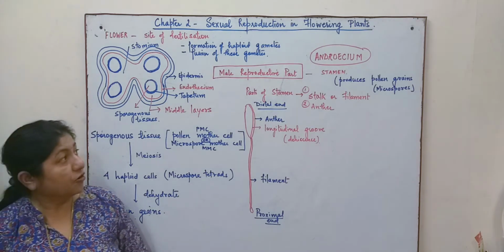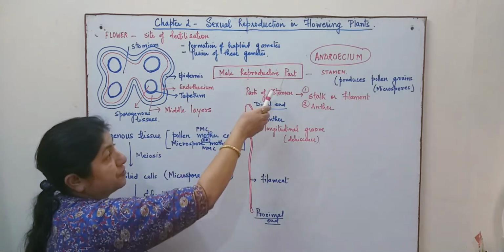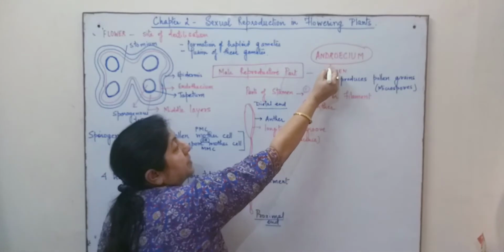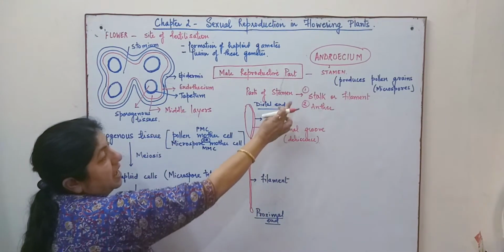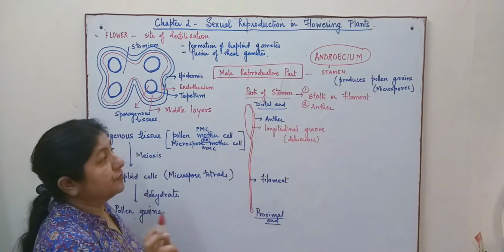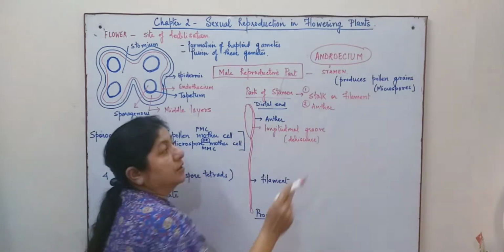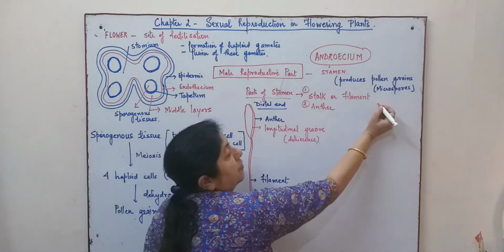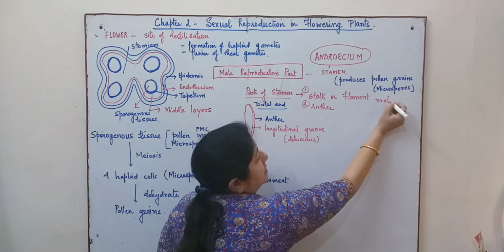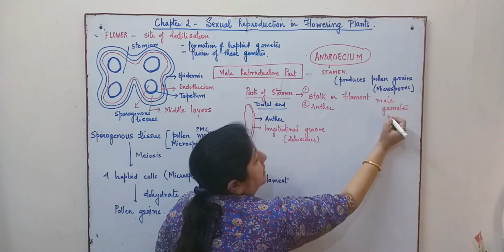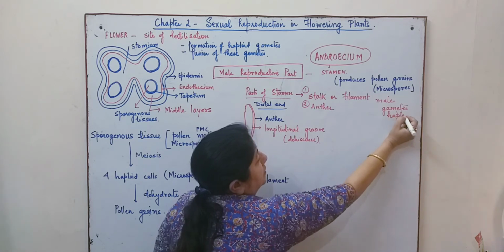So when we talk of the male reproductive part, the Androecium consists of stamens. Now this stamen has two parts. The function of the stamen is to produce the pollen grains or the microspores, which are the male gametes. These male gametes are haploid in nature.